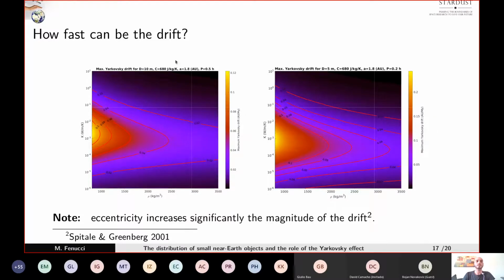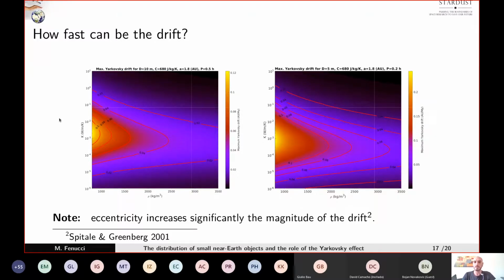And here on the left, the size of the object is 10 meters, and here on the right, the size is 5 meters. I'm showing some level curves of the Yarkovsky drift.